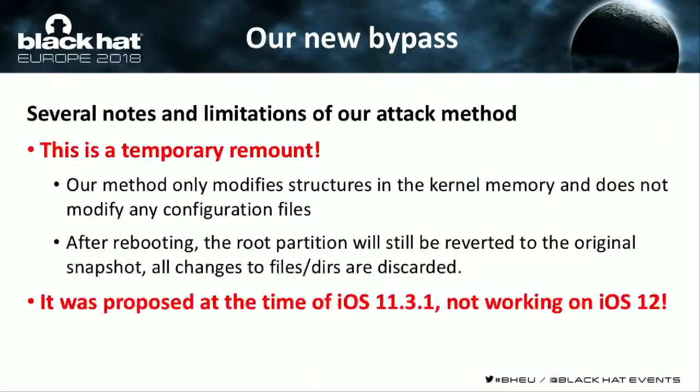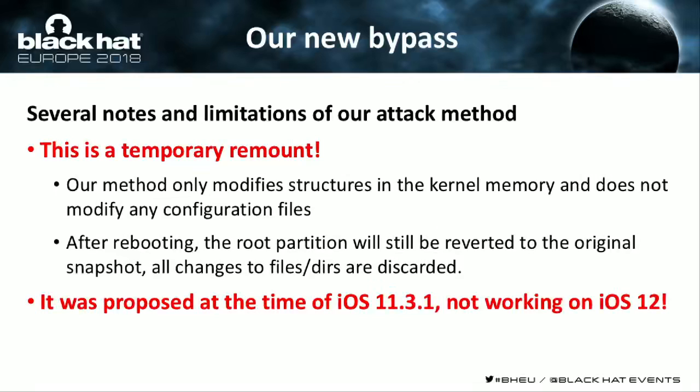So let's go on. There are two things that we need to especially note in this slide. The first one is that our solution is only a temporary mount. That means our method only modifies structures in kernel memory and does not modify any configuration files.